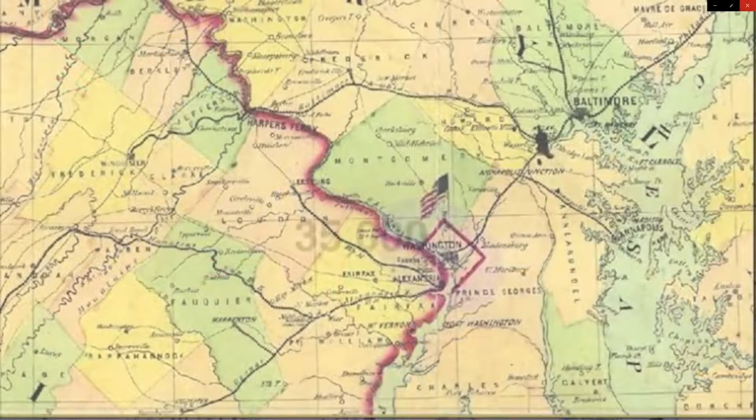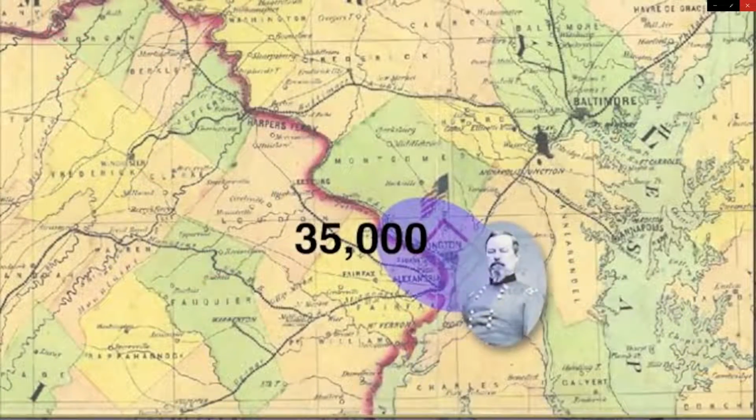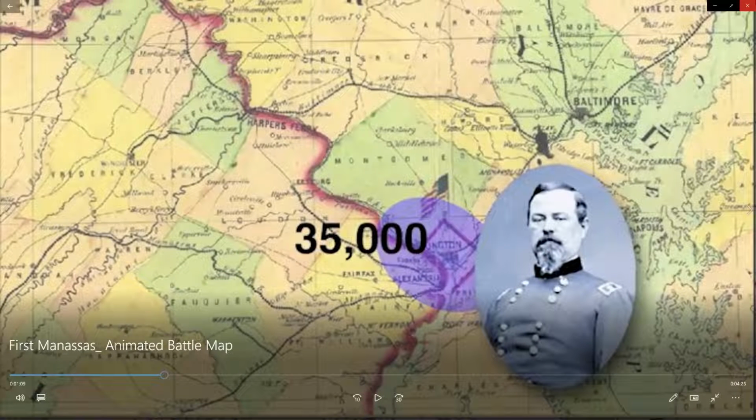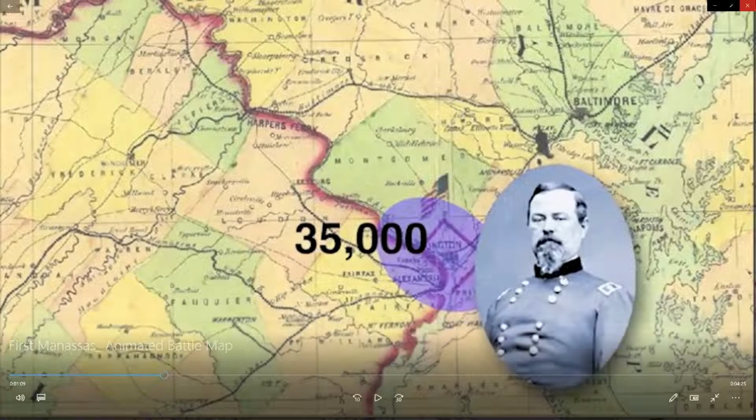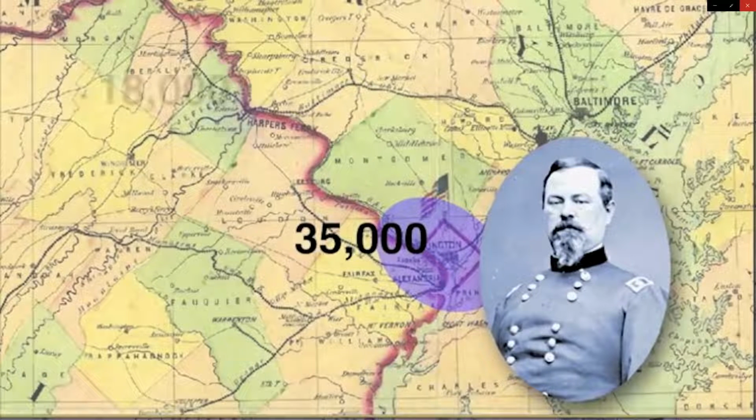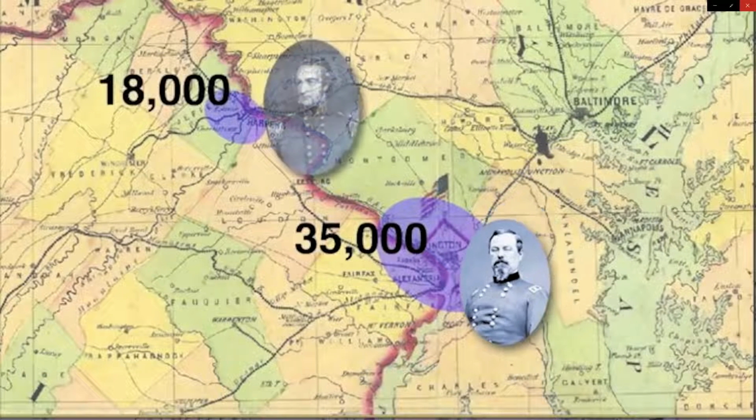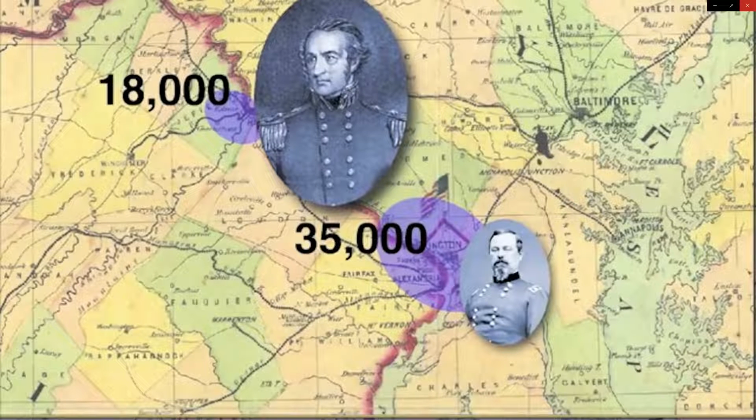In July 1861, 4 armies were positioned in the vicinity. General Irwin McDowell's army defended the Union capital. General Robert Patterson's force was 60 miles to the northwest.